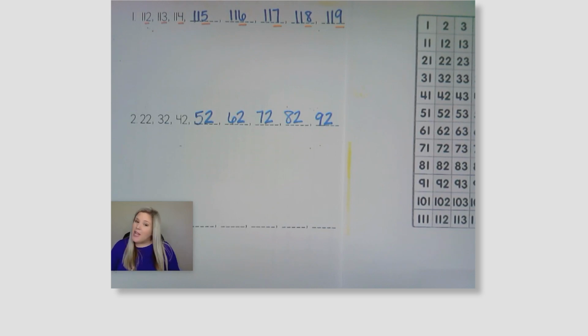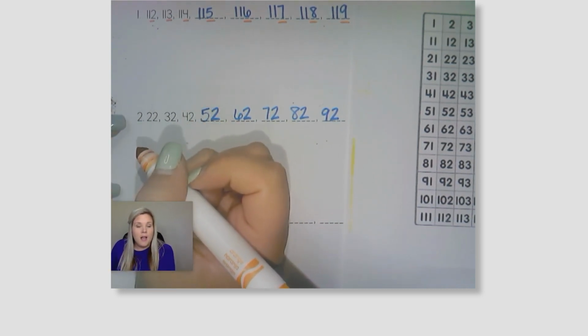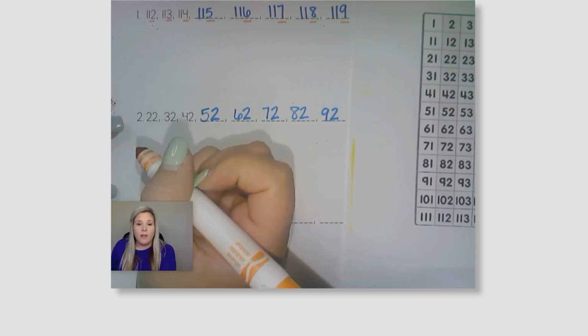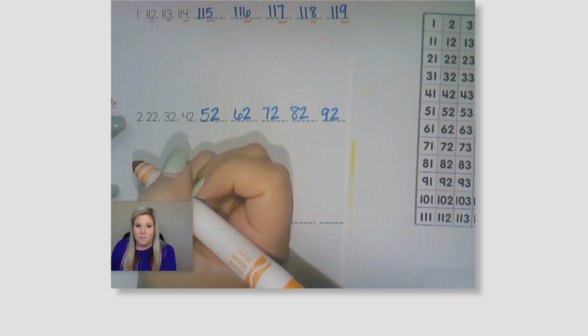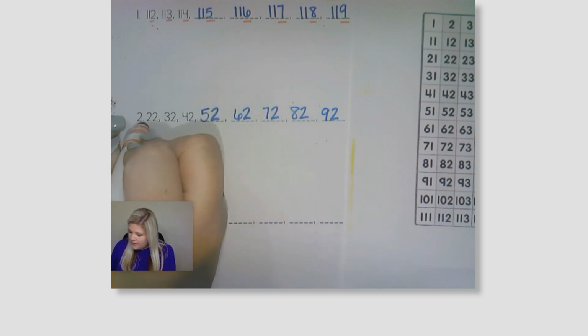And I'm going to check that pattern just to make sure I'm correct. So earlier we said that when we are counting by tens, our tens digit is going to increase by 1 and our ones digit is going to stay the same. So here's our tens digit.